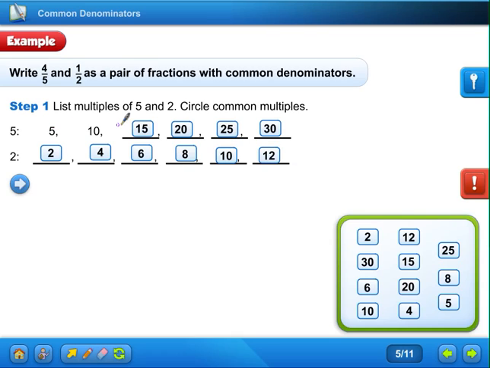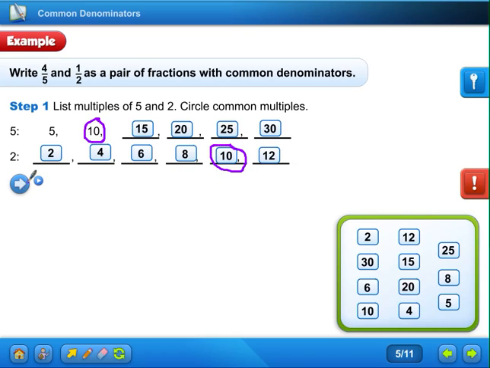I'm going to look at this right here, and I'm going to see if it's down here. So a 5. Does the bottom one have a 5? No. A 10 is up here. Does the bottom down here have a 10? Yes, right here and right here. 15. This one has a 15. Does the bottom have a 15? No. 20? No. 25? No. And 30? No. So I'm going to stick with 10 and 10.